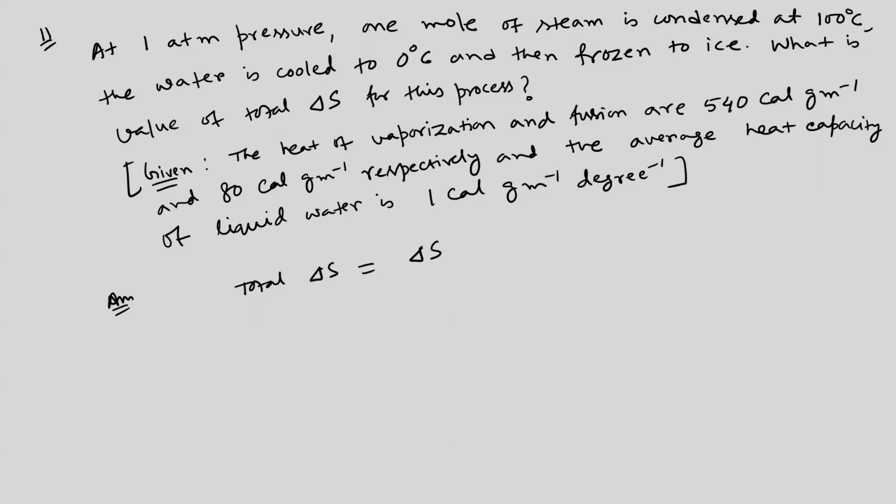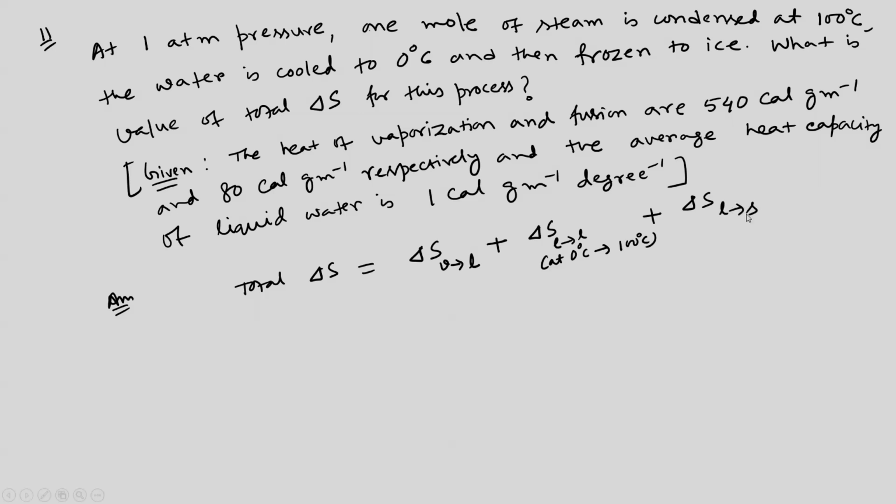We have first steam which is condensed to water, so delta S vapor to liquid, plus delta S liquid at 100 degrees centigrade to 0 degrees centigrade, so liquid to liquid rather, and then delta S liquid to solid.